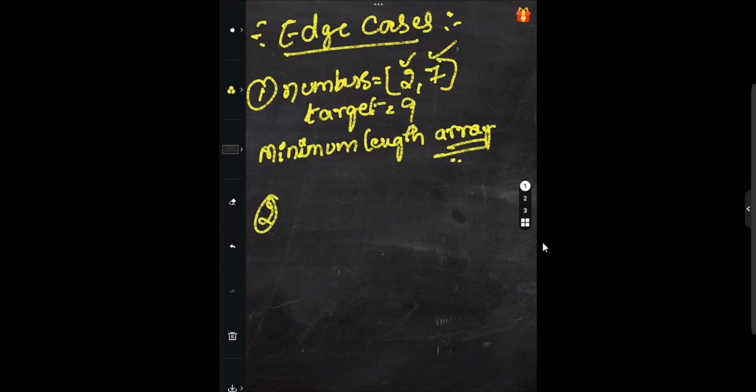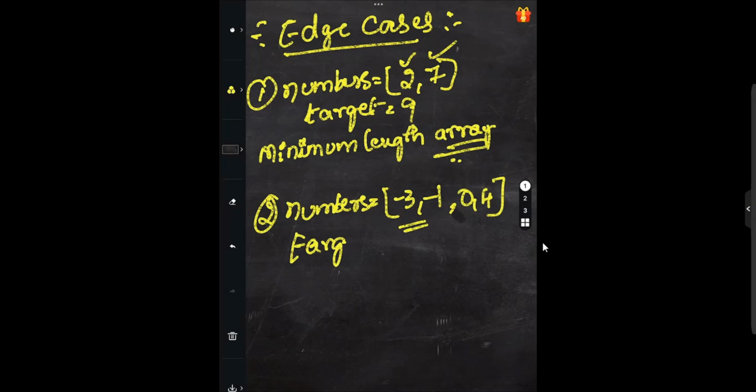Let's move on to the next edge case, the negative numbers. Let me give here numbers: -3, -1, 0 and 4. This consists of negative values as well, right? We are dealing with negative numbers here. For target, let me consider -4, -3 and -1.